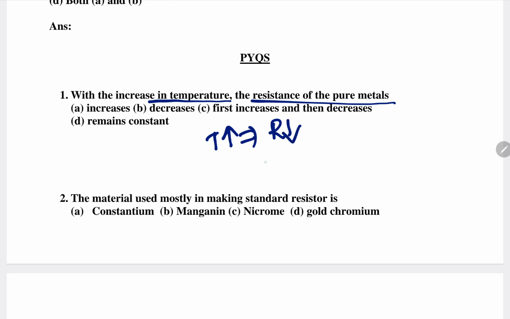In case of pure metals, as the temperature increases, resistance is going to increase. The answer is A. The material used mostly in making the standard resistance is manganese. So the answer is B.